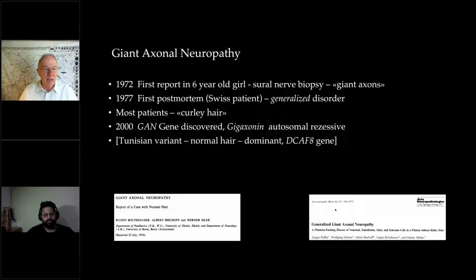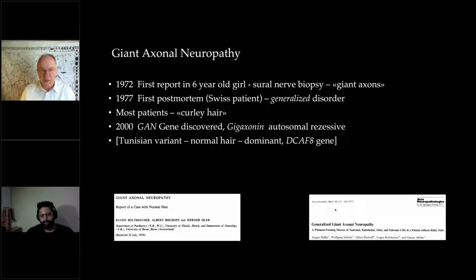The first case was reported in 1972 on a sural nerve biopsy, and this morphological finding was called giant axonal neuropathy. But the post-mortem analysis on our patient showed that this is a generalized disorder. So in a way, this name is now fixed, but it is a misnomer.